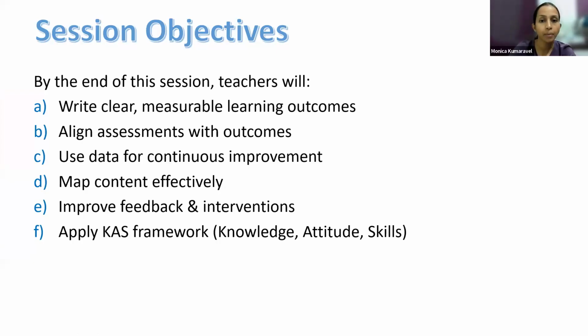The feedback should be timely and specific. We are also going to apply a new principle called the KAS framework in your classroom. KAS means knowledge, attitude, and skills. These are the things you will learn in today's session.